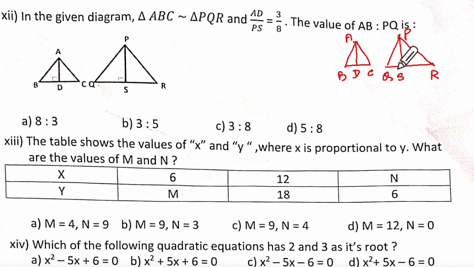So this is S. Now remember, your AB upon PQ will be the same as AD upon PS. So AD upon PS will be 3 upon 8, which is also equal to AB upon PQ, the ratio of corresponding sides. AB upon PQ will be 3 upon 8 only.